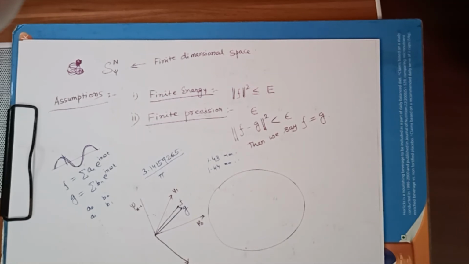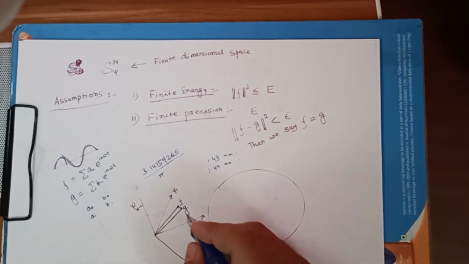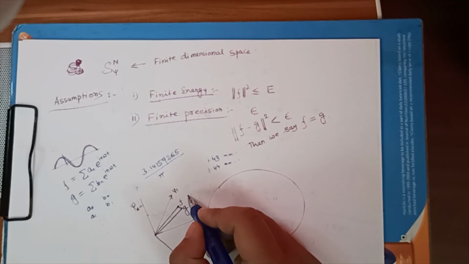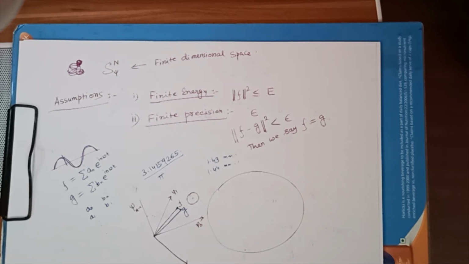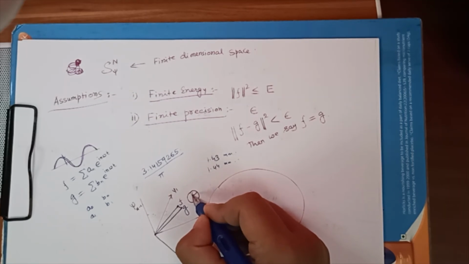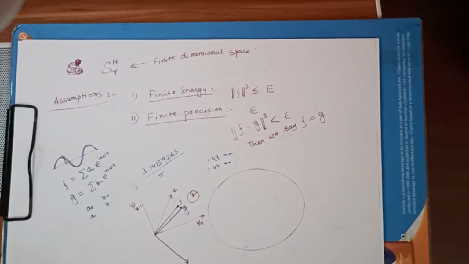So we can say clearly that in this space, if you take a small ball of radius epsilon, this is like a capital N-dimensional ball of radius epsilon. Within this ball, you can uniquely identify only one vector, only one function.